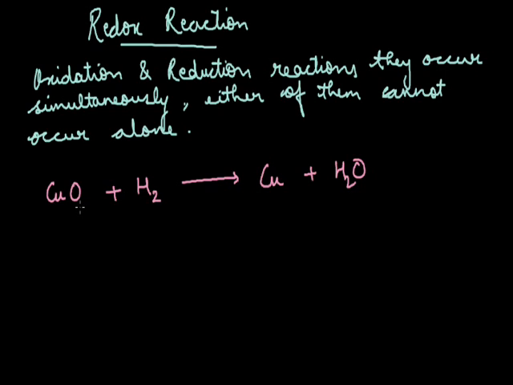Here we see oxygen is removed, so there is reduction of copper oxide. This transformation of copper oxide into copper is the reduction of copper oxide. So we can see in this step there is reduction occurring.